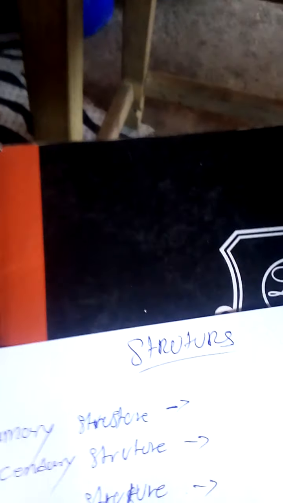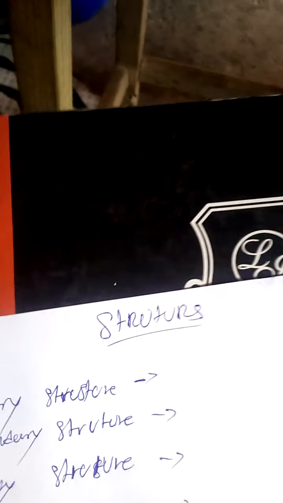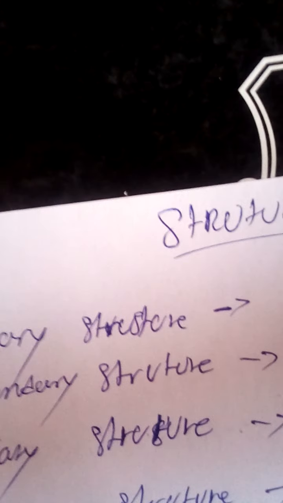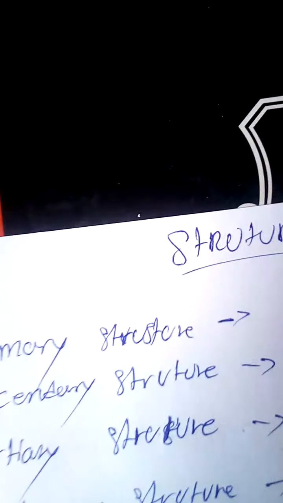So the primary structure is defined as a sequence. It's just a unique sequence of amino acids in a polypeptide chain. Let me write it down.